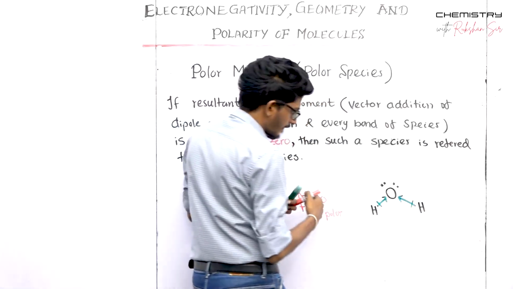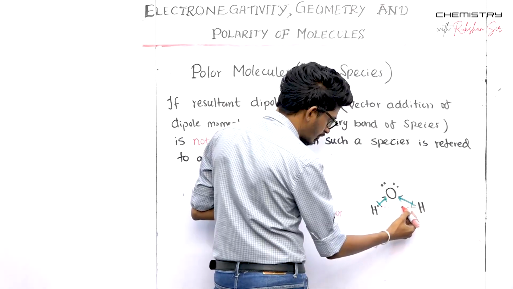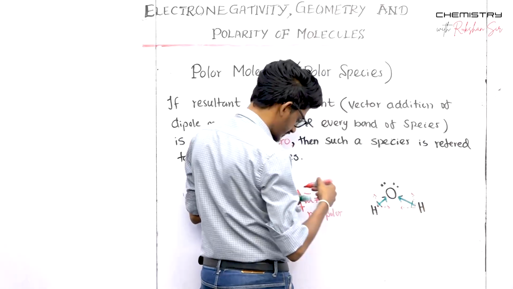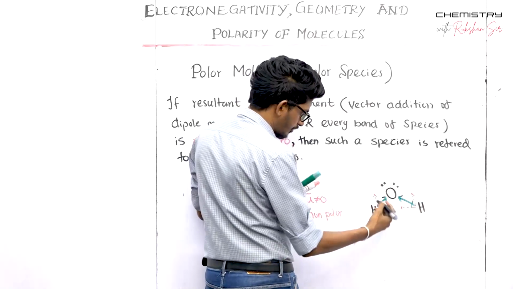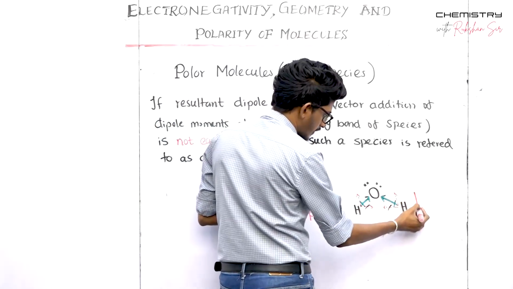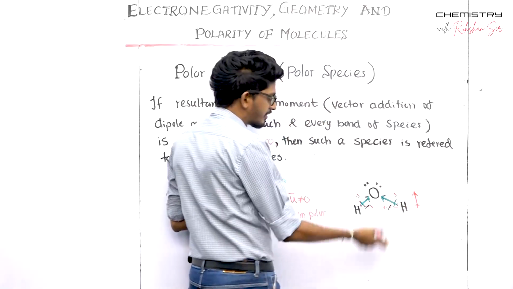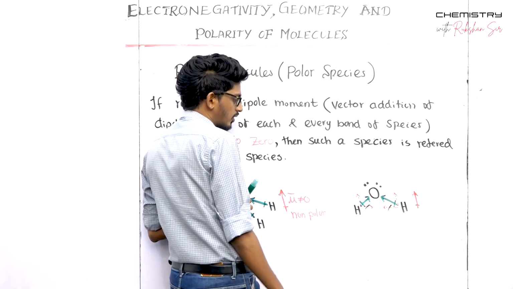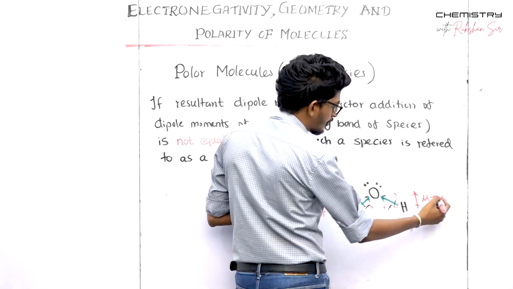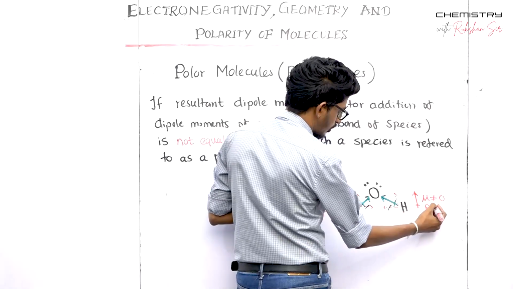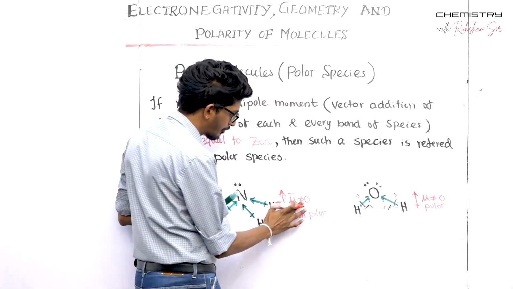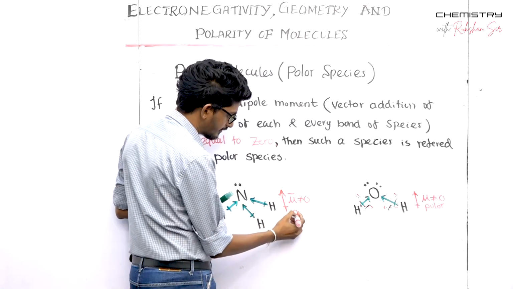So the horizontal resultant will cancel off, but not the vertical one. So you will see a net dipole, or net vector, going upwards. So net dipole moment is not equal to 0, that is polar. Net dipole moment is not equal to 0 means it is polar.